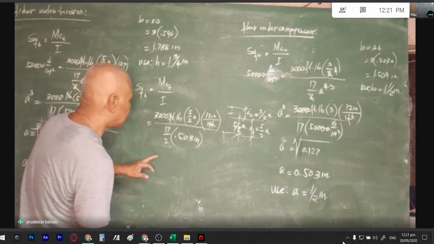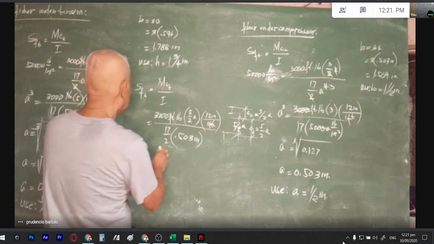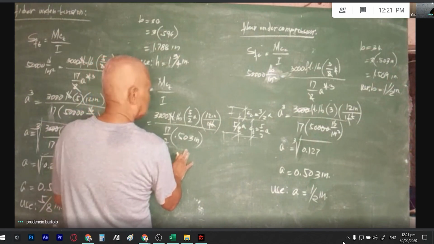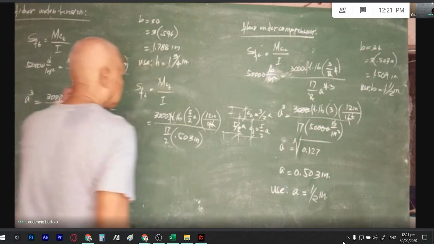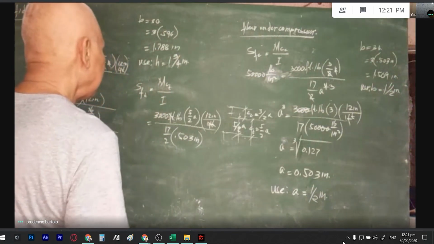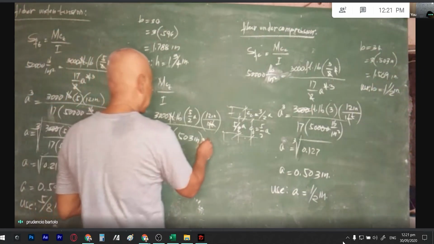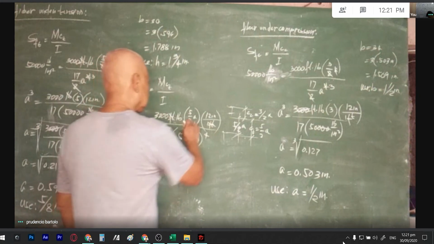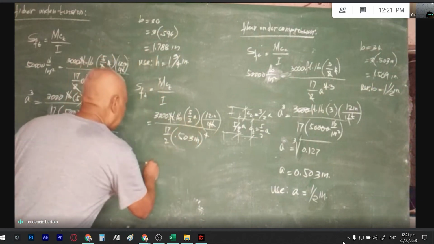So the remaining unit we will have here is (17/2 A) to the 4th. Tama? To the 4th. So there is an A in there.